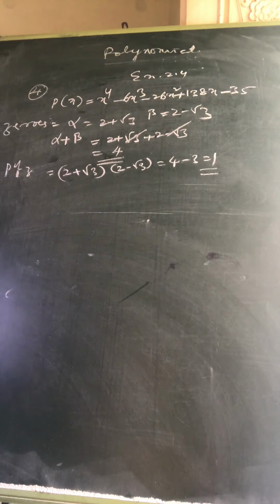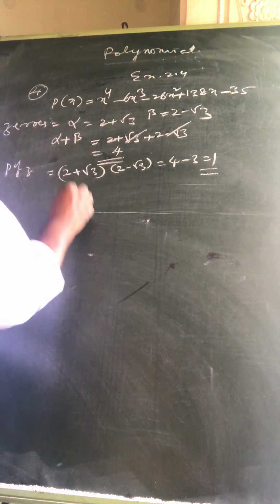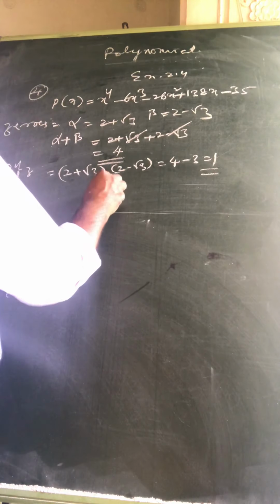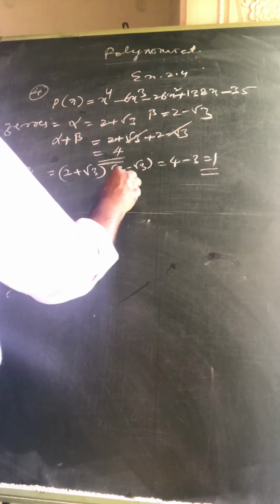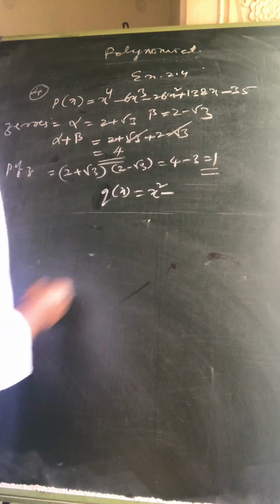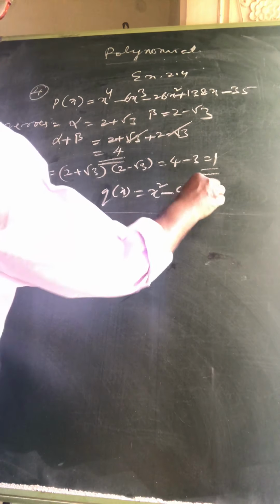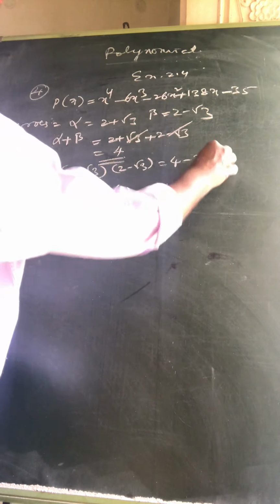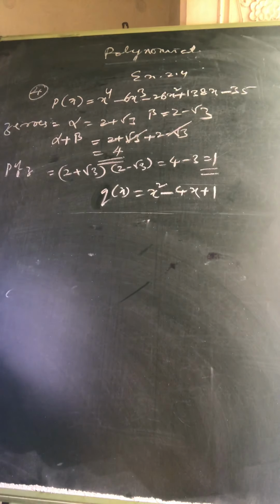Therefore, the quadratic polynomial q of x is x square minus (sum of zeros) x plus product of zeros, that is x square minus 4x plus 1.